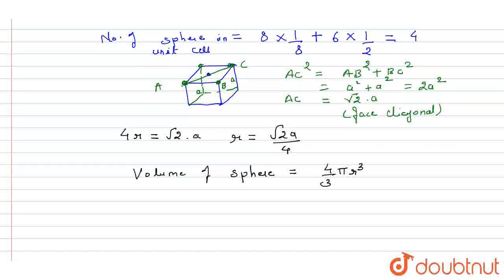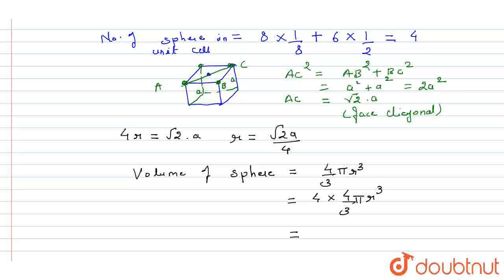Now substituting the value of r in this formula. In this case, one thing is also that we have to identify the total volume of 4 spheres. So the formula will become 4 into 4 by 3 pi r cube.